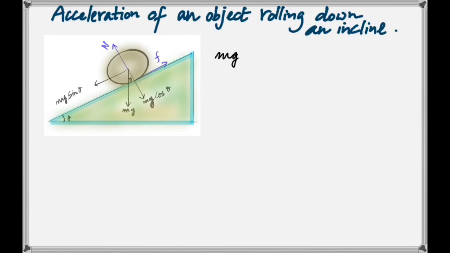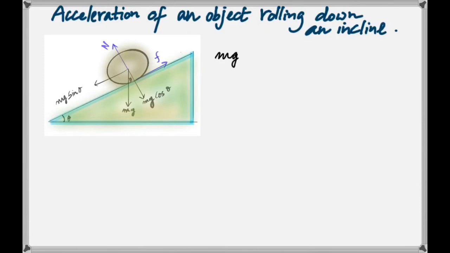Since the sphere is rolling down, friction would be opposite to its motion, which means up. Now, as you know, we need to resolve this weight into its two components, which will give us mg sine theta and mg cosine theta.